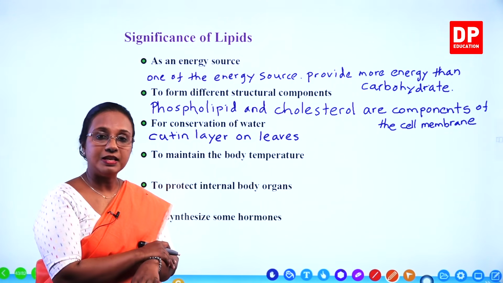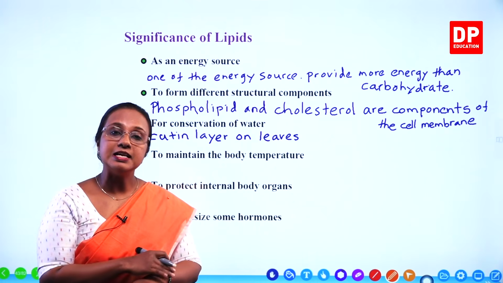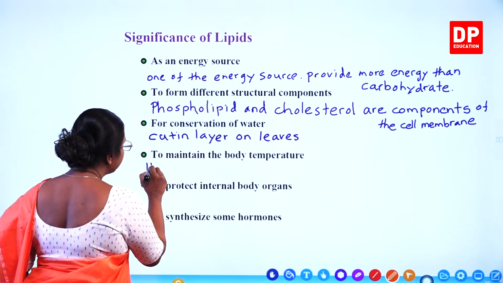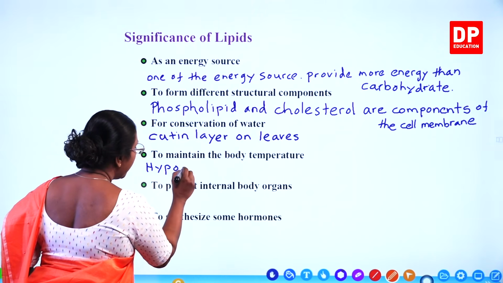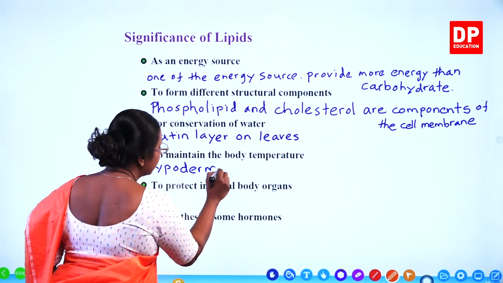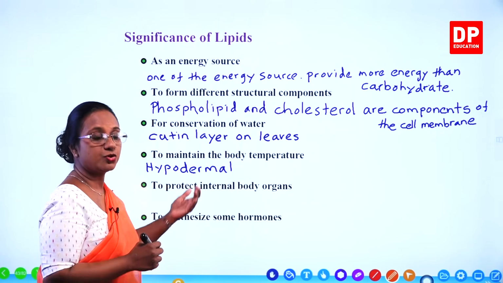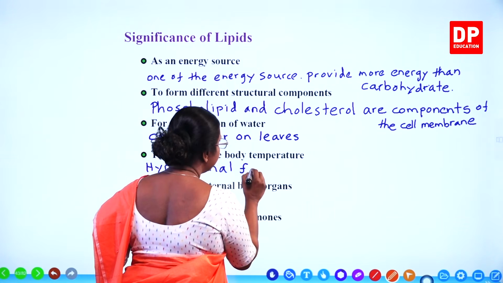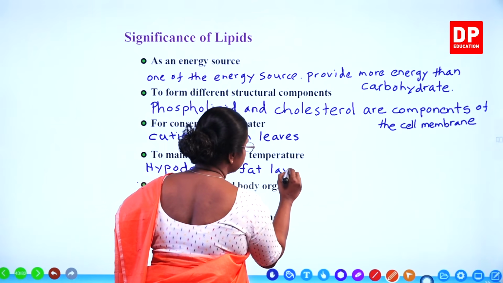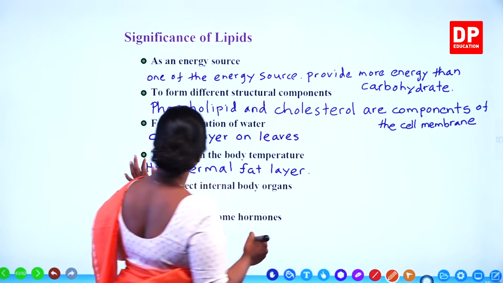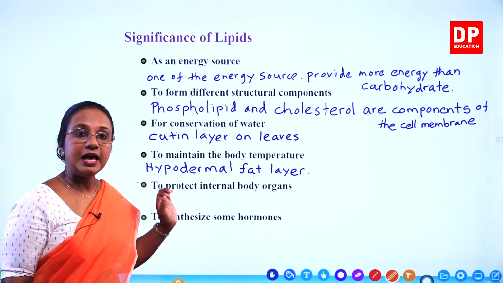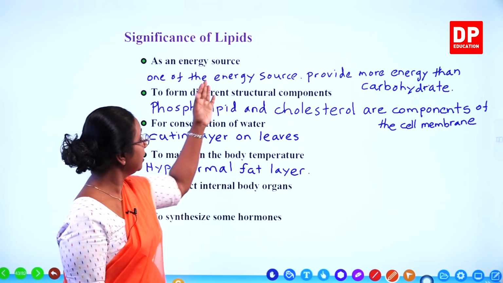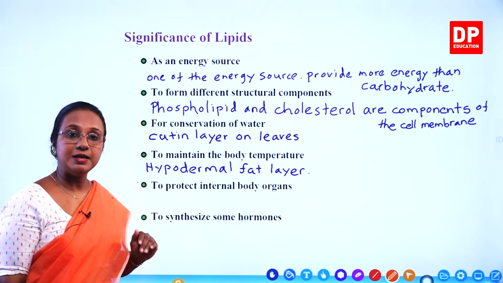There is a layer of lipid, a fat layer under our skin. This is called the hypodermal. Dermis means the skin. So below the skin is the hypodermal fat layer. This hypodermal fat layer helps to maintain the body temperature. So this is also a significance of lipid.